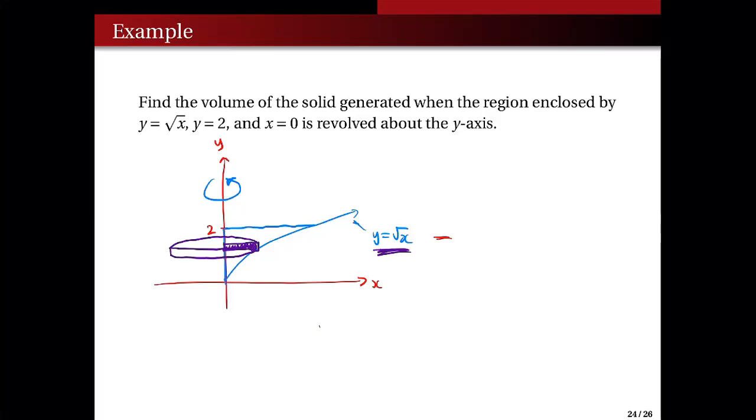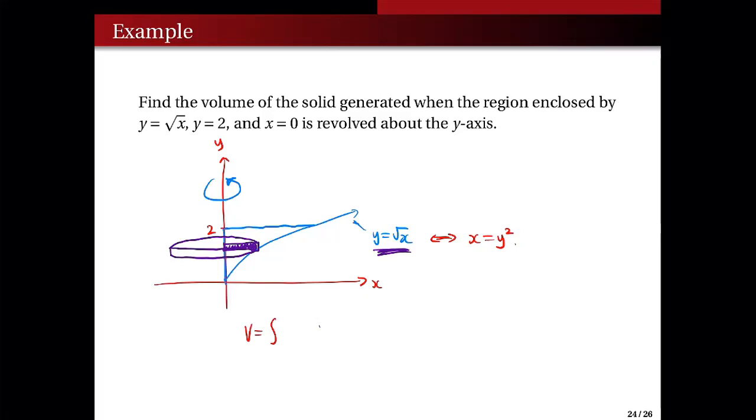So you can write this as x equals y squared. And you got a disk in here, so the formula for the volume is just the integral from this point up to this point.